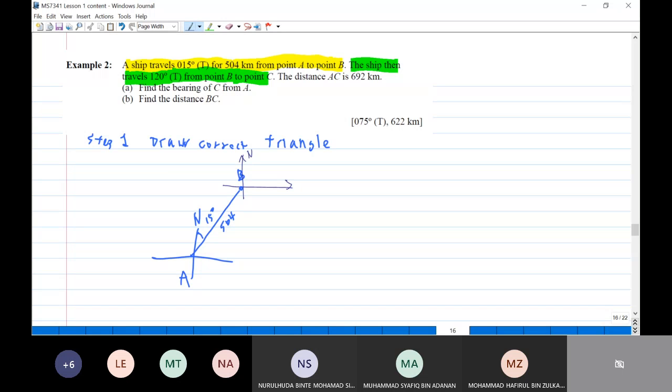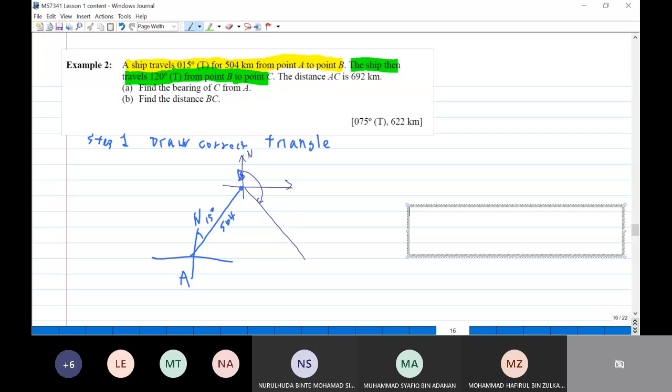So the bearing from B to C is 120. So 120 is somewhere here: 0, 90, another 30. So this is 120 now. This bearing is 120.